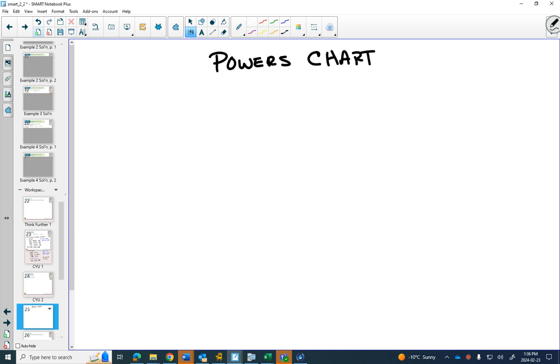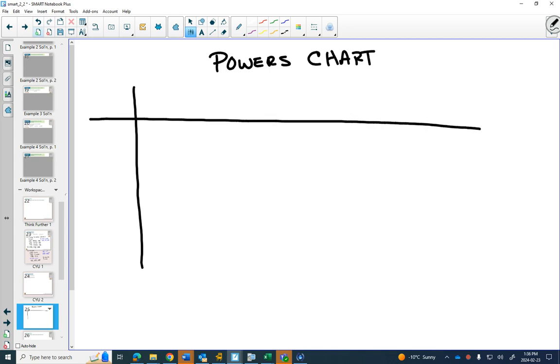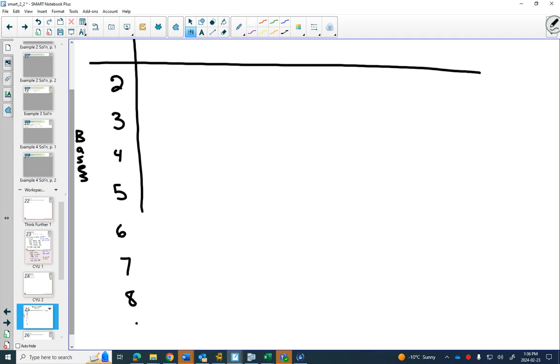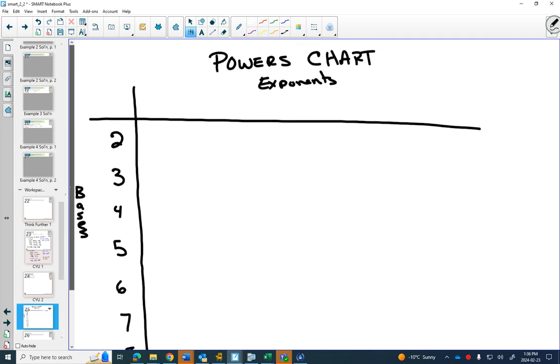And we're going to put exponents up here and bases here. And we're going to have a base of 2, 3, 4, 5, 6, 7, 8, 9. And we're going to have an exponent of 2, 3, 4, 5, 6.